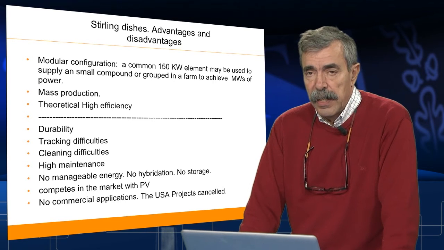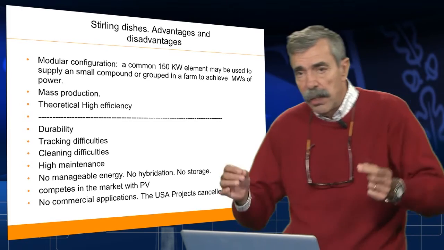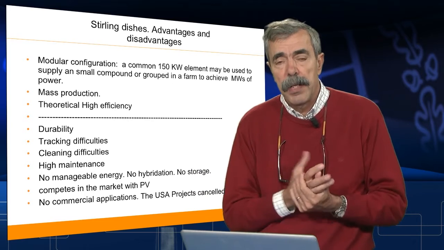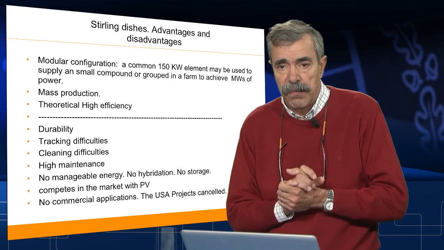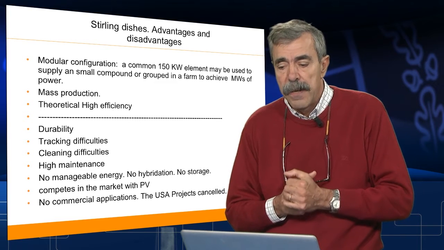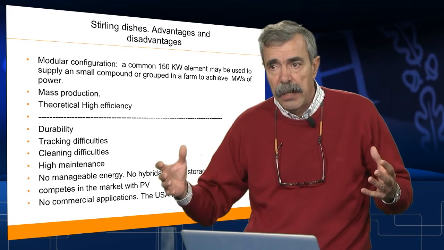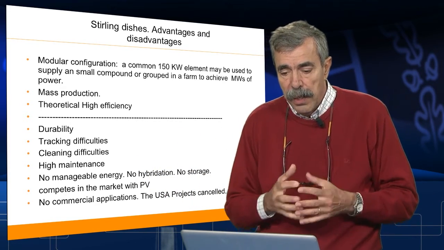The first one is that it is a modular configuration. I mean, you can buy a single one to be installed on top of a building or something like that, providing like 150 kilowatts of electricity, or you might install 2,000 of them in a solar field to produce megawatts of electricity.